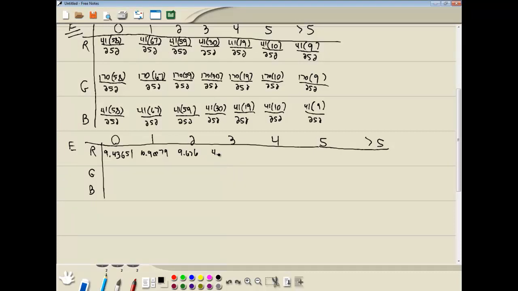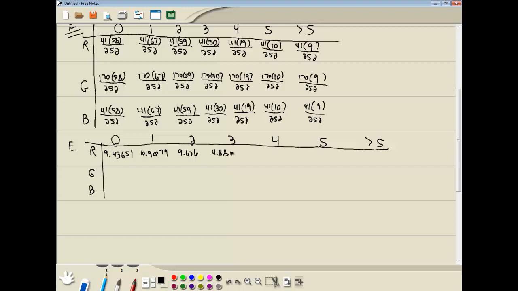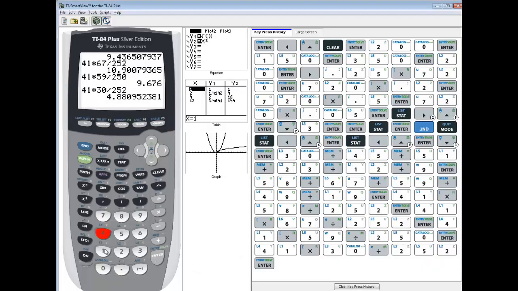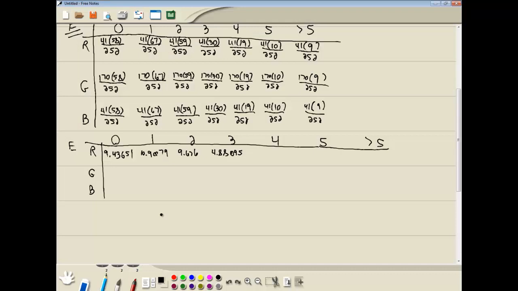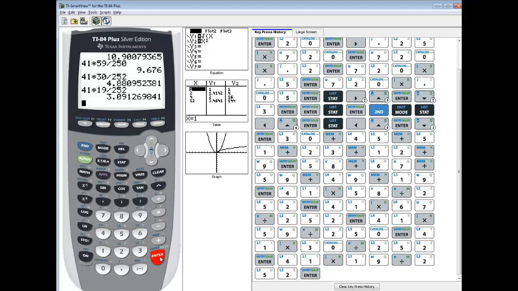So I get 4.88095. I'm showing this by hand, not because I want you to do it by hand. I want you to use technology, but because in some cases you may have to do it by hand, depending on what class you're in, or if you don't have one of those calculators. It's not a hard process, just very tedious.